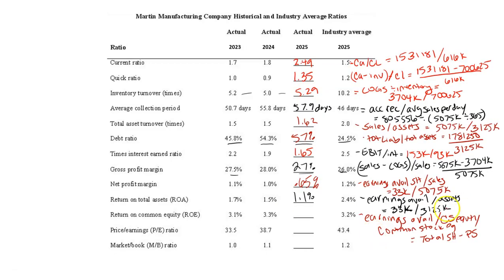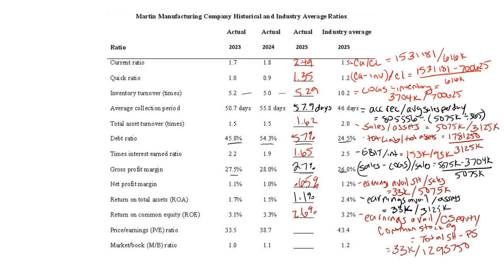We have our earnings available to common shareholders, which was $33,000, divided by that common stock equity of $1,293,750, and we get 2.6%. So our return on common equity has declined as well from 3.1 to 2.6, and is below the industry average.